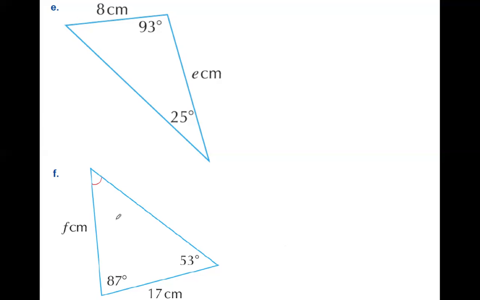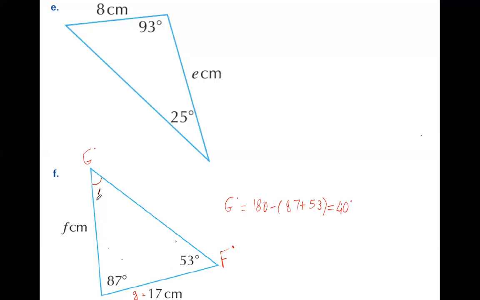If this is capital F and this is small g, we're going to call it capital G. So the first thing, G angle is 180, take away 87 plus 53. So that'll give you an extra mark. So 180, take away 87 plus 53. Yeah, 40 degrees.